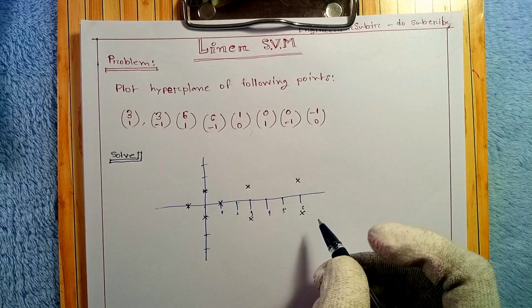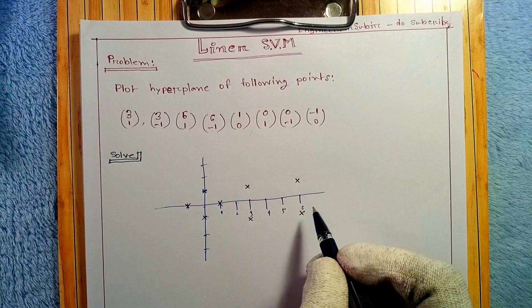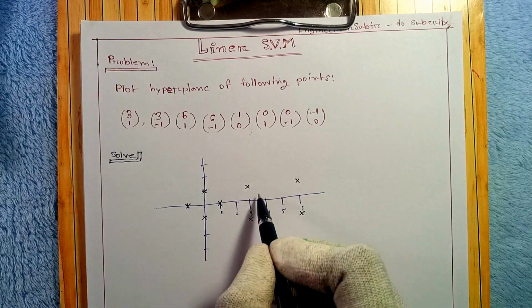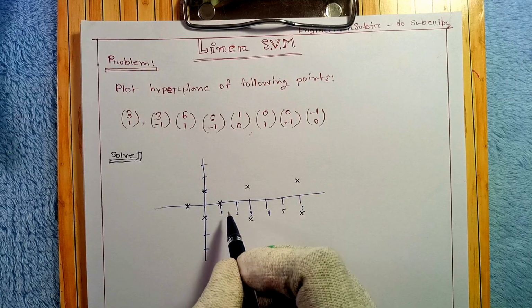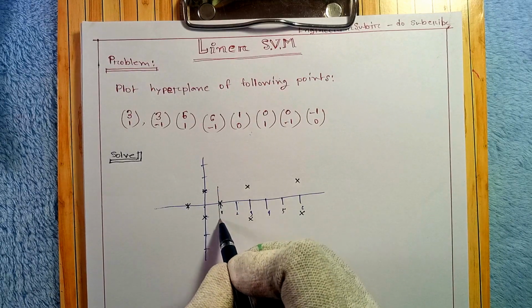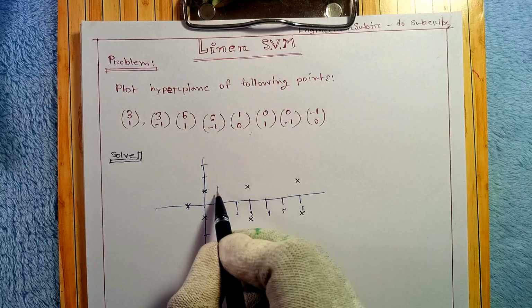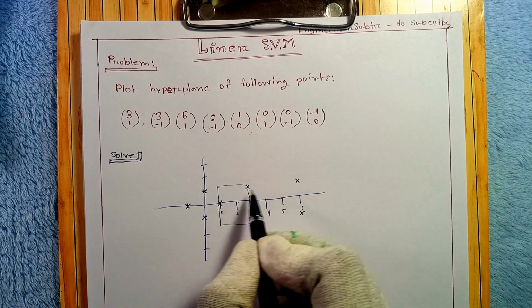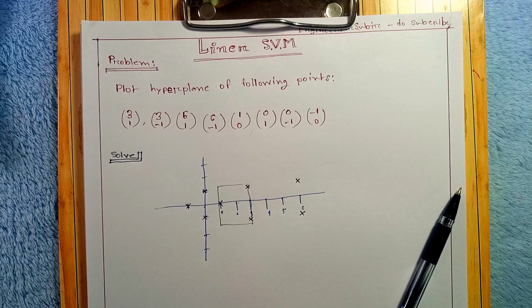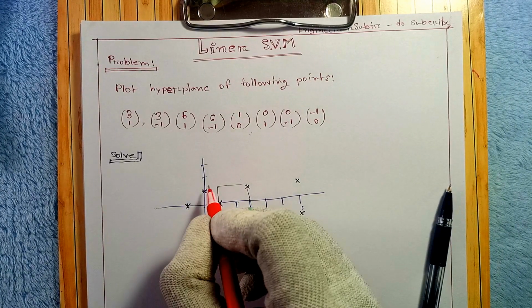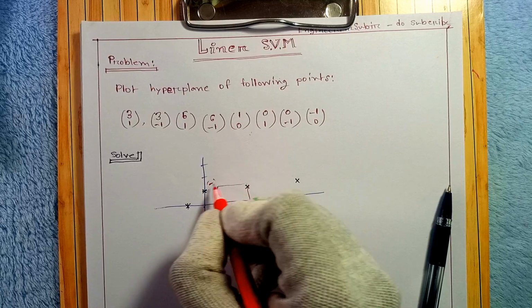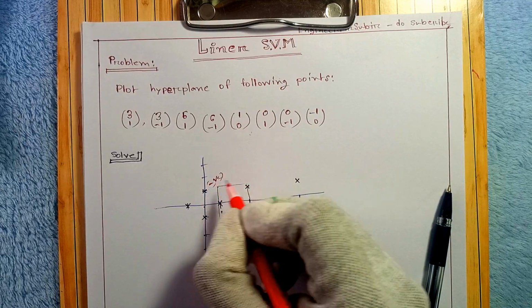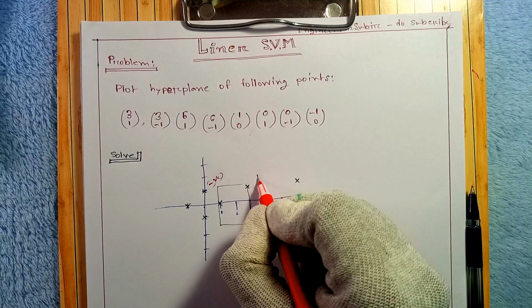So now we have to make two classes. This is one class, this is the second class. So we can write it this way: this is one class and this is another class. So these three points are near between these two classes. This is the negative class and this is the positive class.